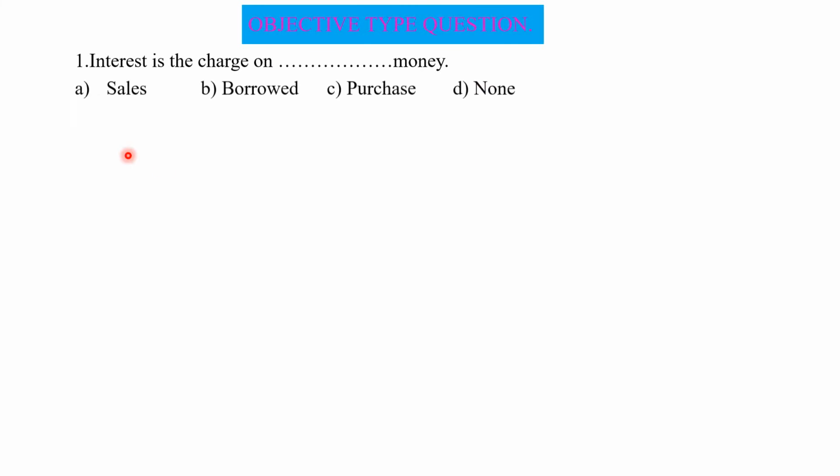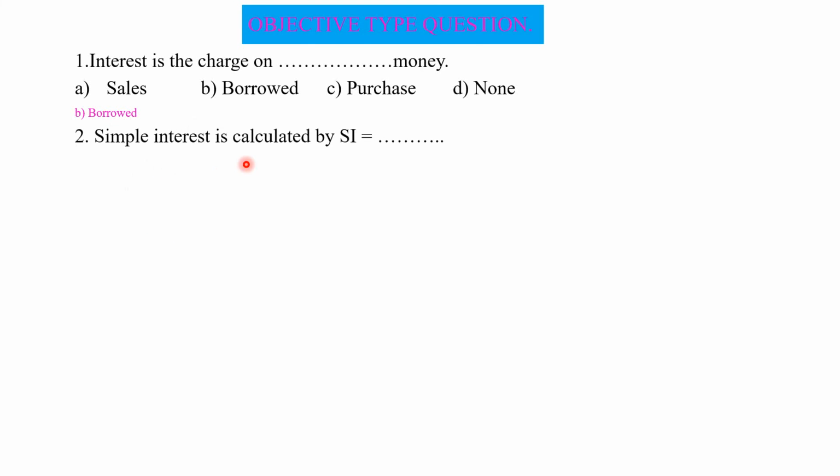The options are sales, borrowed, purchase, and none. The answer is that interest is the charge on borrowed money, not sales, not purchase. The right answer is borrowed.